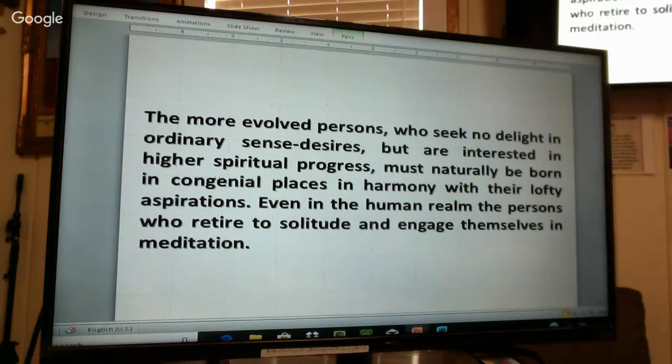So even in the human realm, that person retires to solitude and engages in meditation. That jhana is, I think, more difficult than vipassana, because they need a special place, very quiet, with no disturbances. Even a sound is a great disturbance for jhana.